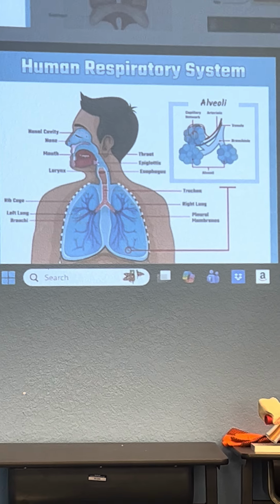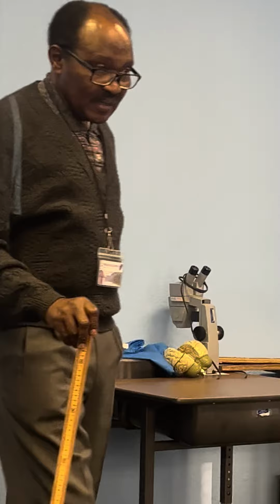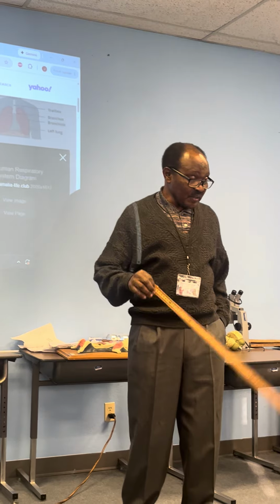The pharynx is the road junction, because that is where the tubes divide into two. One goes to the lungs and the other one goes to the digestive system, which is the esophagus. The esophagus goes to the stomach, then to the intestines, and then out of the body through the rectum.